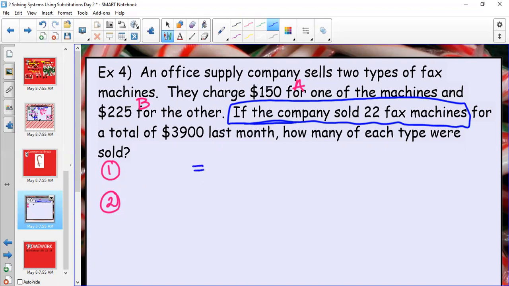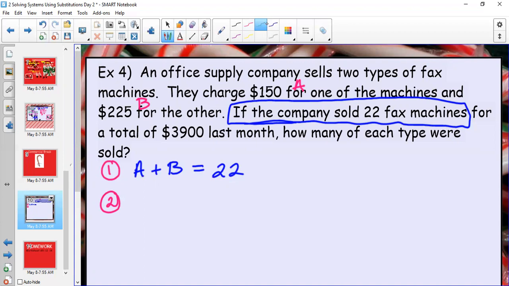There are 22 total machines. And this is kind of like the Jolly Rancher Airheads problem from last night. If I have 22 total, that means I have to add the two types of fax machines together. So I'm literally going to add fax machine A plus fax machine B, and I will get 22 total.